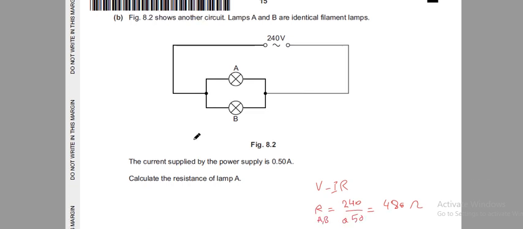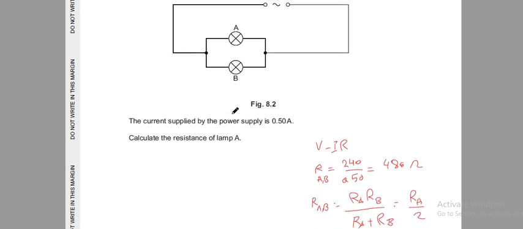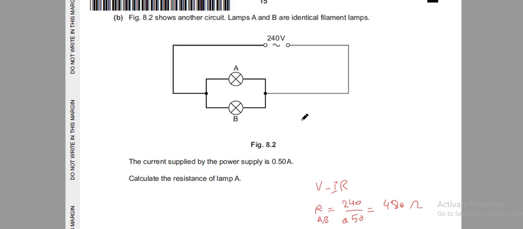Here is another circuit. A and B are identical. The current supplied by the power supply is 0.5 ampere. Calculate the resistance of lamp A. So we have Ohm's law, V equals IR.